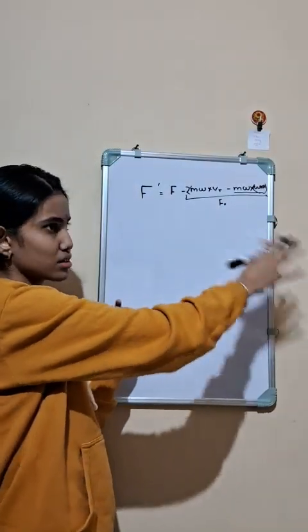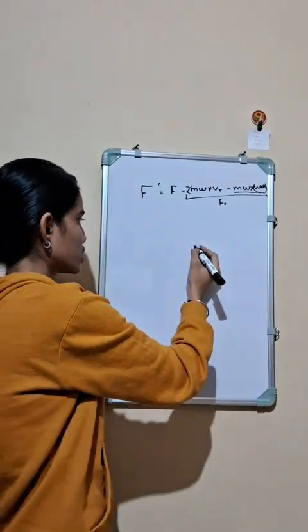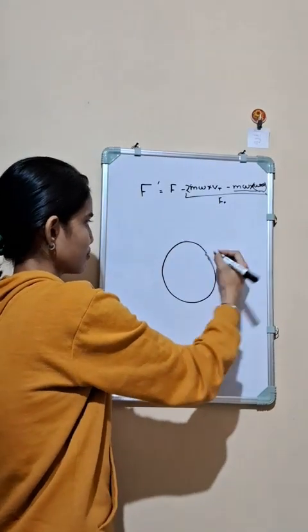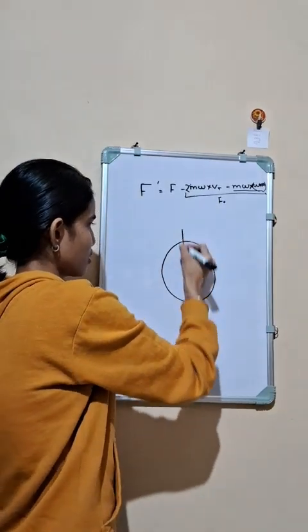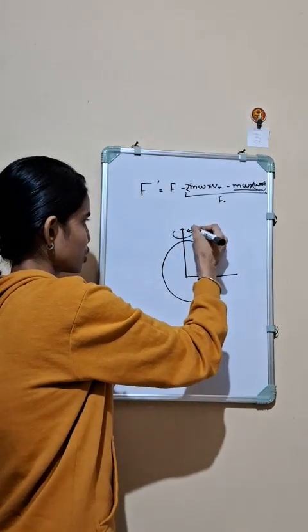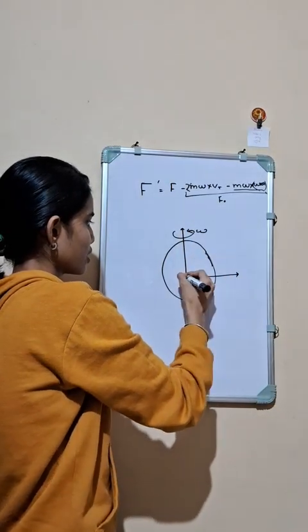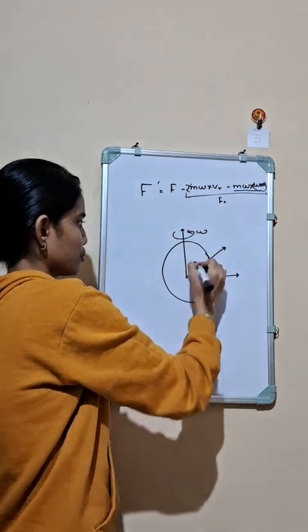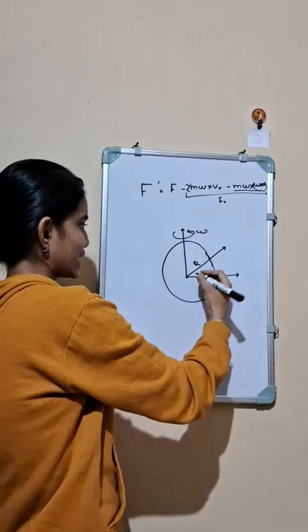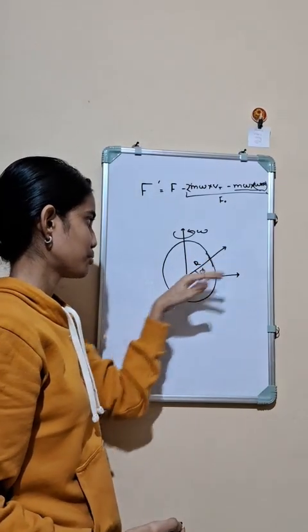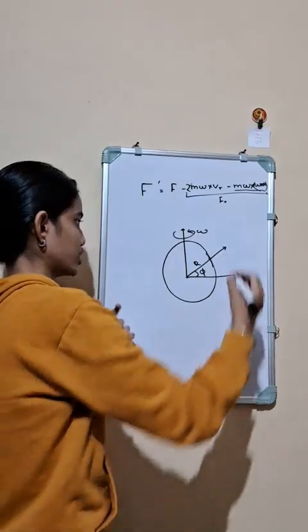Now here we can see that if this is Earth, the Earth is rotating with angular velocity omega. We are talking about this position, the position vector r, which has latitude phi, meaning its position vector makes an angle phi with the equator.